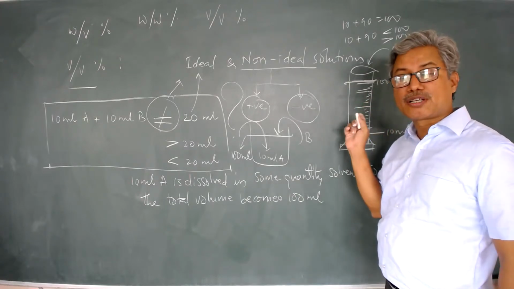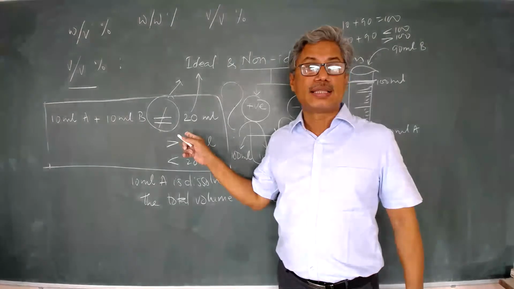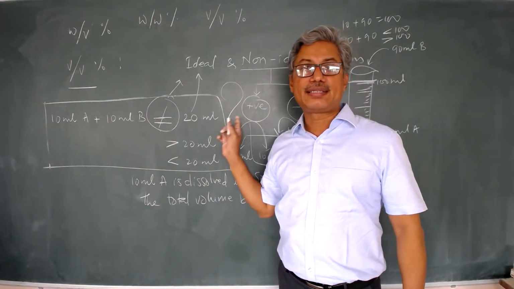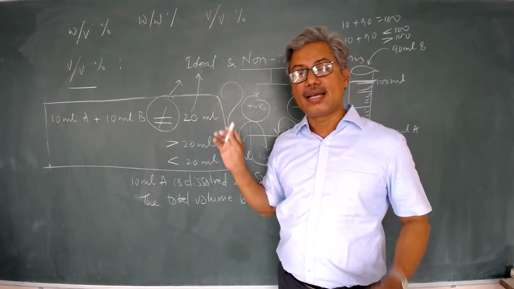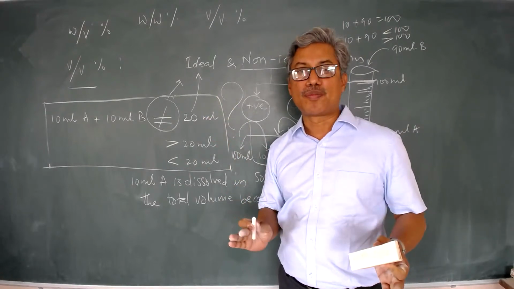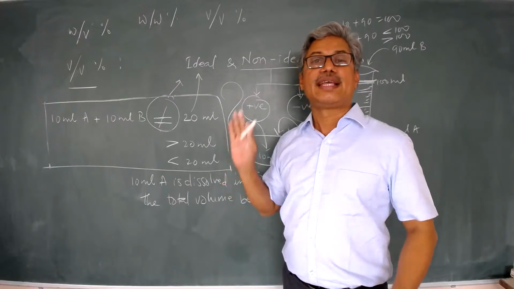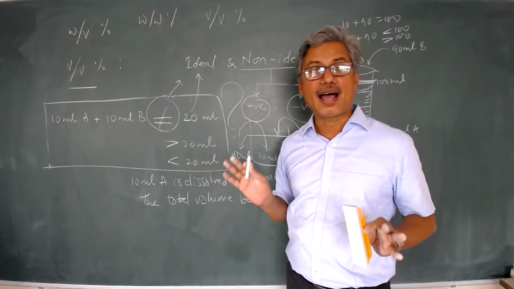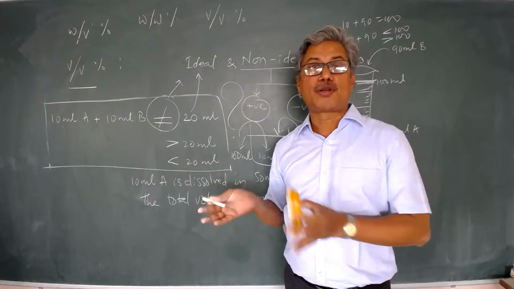Why does this come into the picture? Because of the behavior of the solution. If the solution's behavior is ideal, then the sum of the two volumes will be 100. If the solution's behavior is non-ideal, then the sum of the two volumes will not be equal to the total volume.